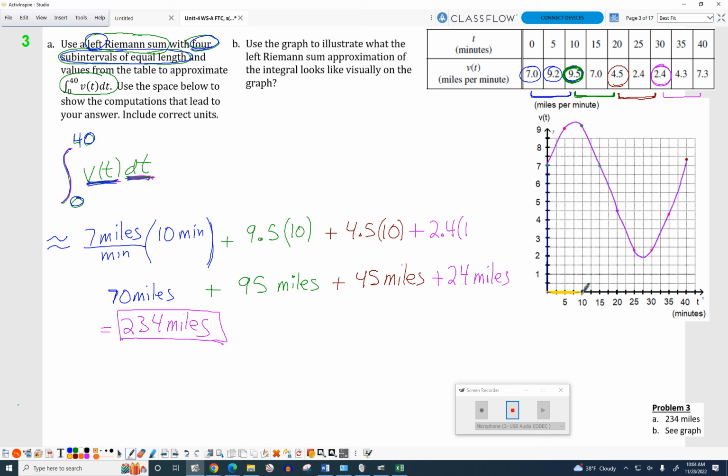Any questions about that? If you take the 7 times the 10, you're computing an area of a rectangle. You're computing the area of this blue rectangle. So that area there is 70.